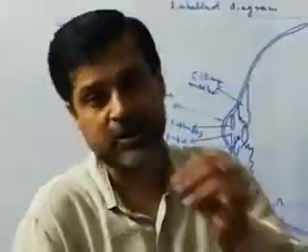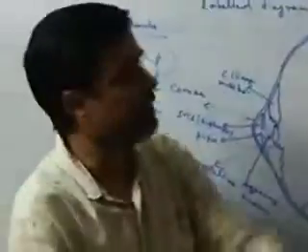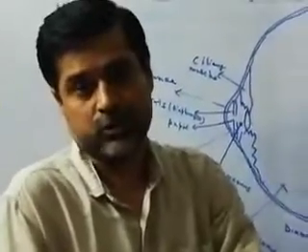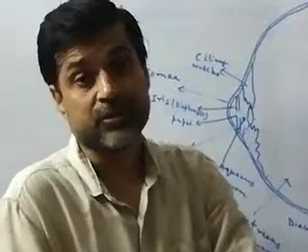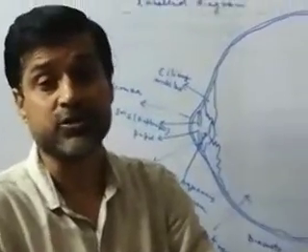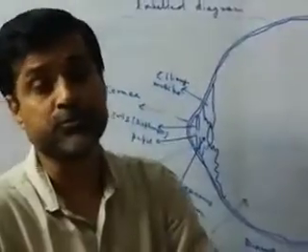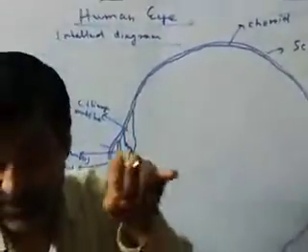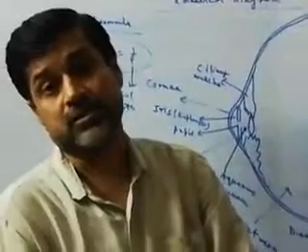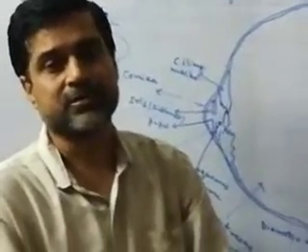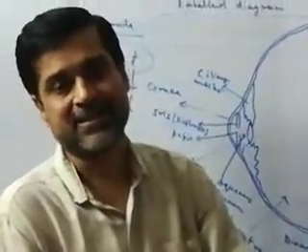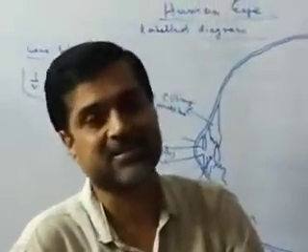If any particular color cone is absent, then the person could be color blind. So sometimes any particular person is not able to visualize due to this absence of that particular color cone cells on the retina. This is also a defect of human eye that is known as color blindness.